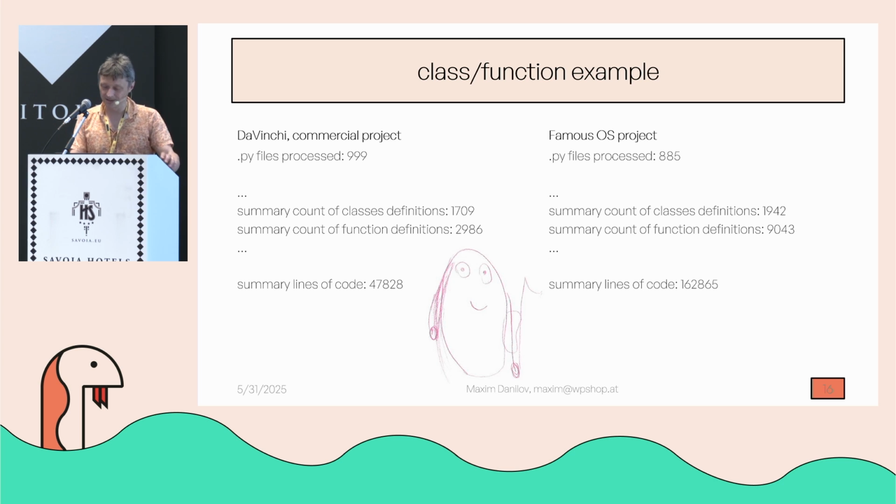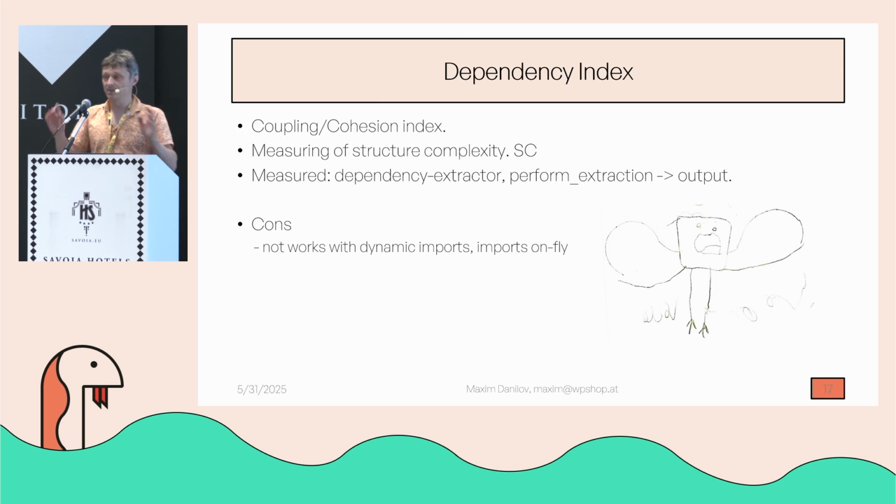Okay, let's speak about object-oriented programming in this repository. Okay, dependency index. Probably this is an important part of our measurements because it strictly shows us coupling, cohesion, and relations. I hope I should not describe what it is, but this is strictly a measurement of structural complexity.